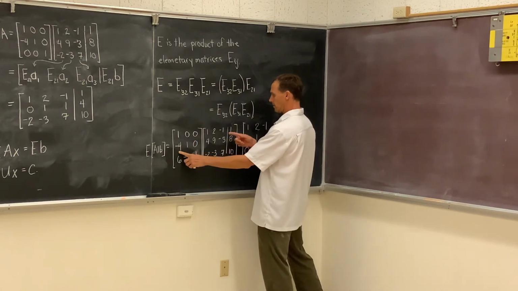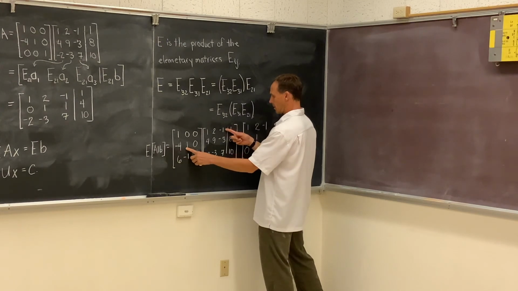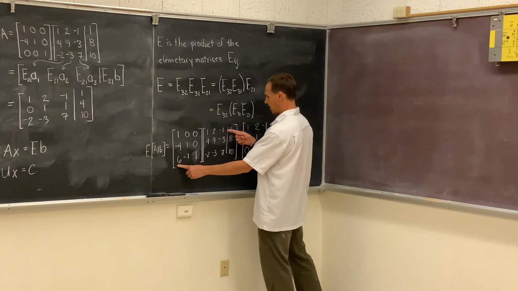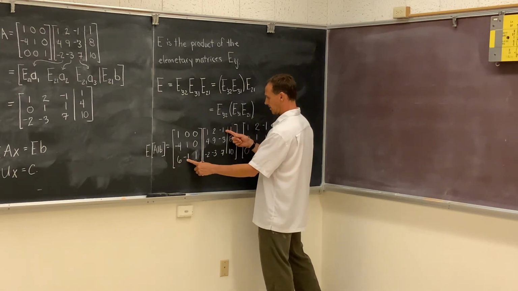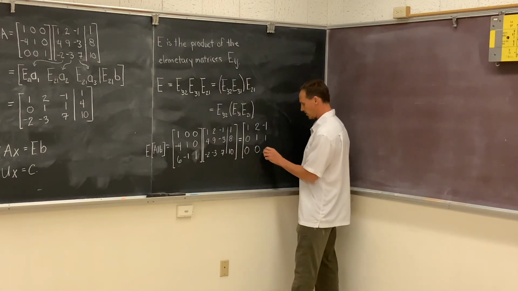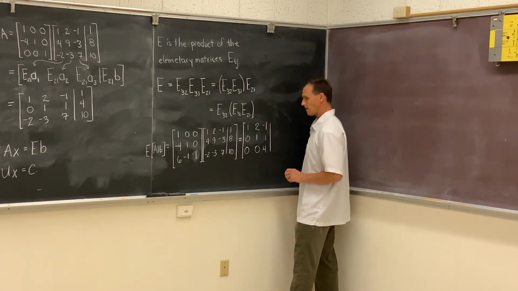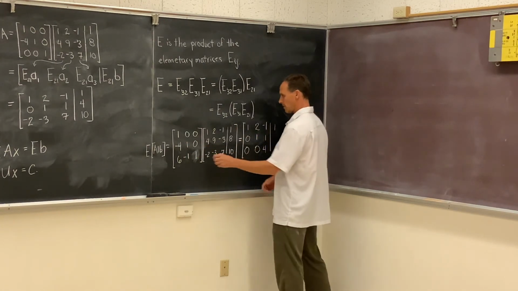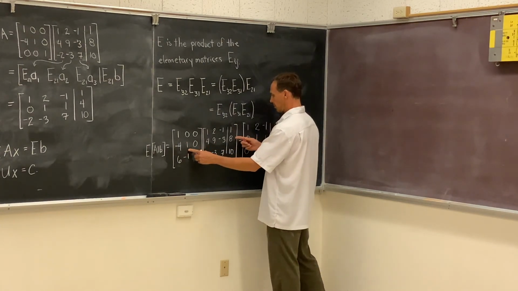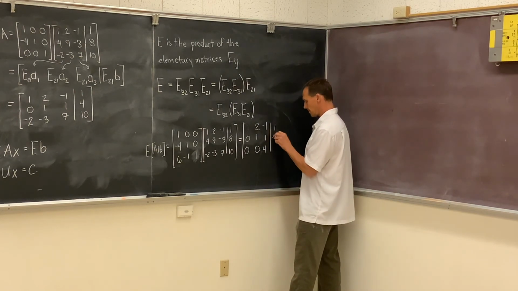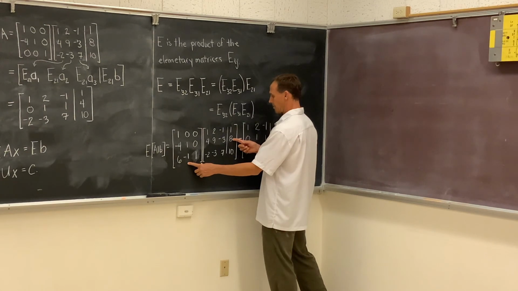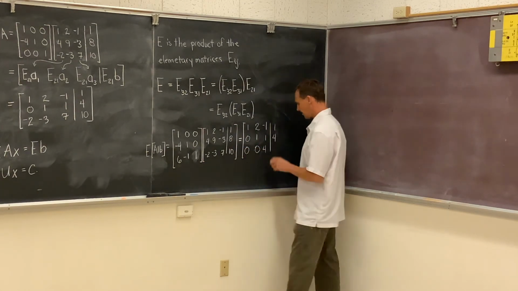And then that's going to be a 4 minus 3 is 1. Then we have minus 6 plus 3 is minus 3. Minus 3 plus 7 is 4. And then our last one is we have a 1. We have a minus 4 plus 8. Then we have 6 minus 8. That's minus 2 plus 10 is an 8.